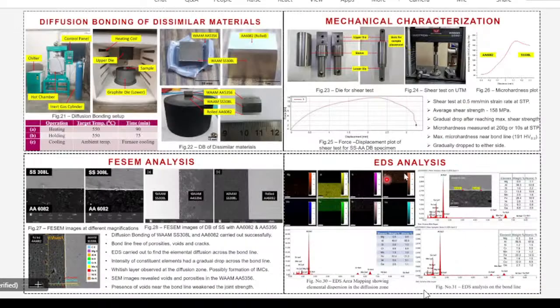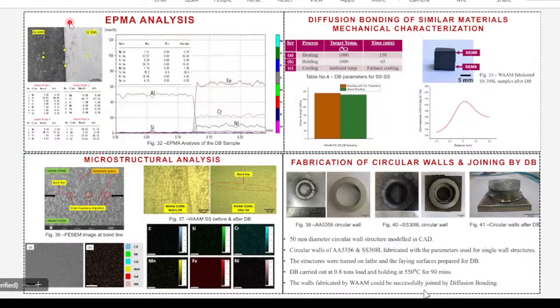Everyone knows that EDS is used for elemental analysis, but with my experience, EDS is not that accurate. So people should do EPMA analysis, that is electron probe microanalyzer, which gives accurate quantified results, like how much percentage of iron, aluminum, chromium, nickel, or silicon is present at a particular point. We have done it at 4 points, two in the bond line and two in the base materials.